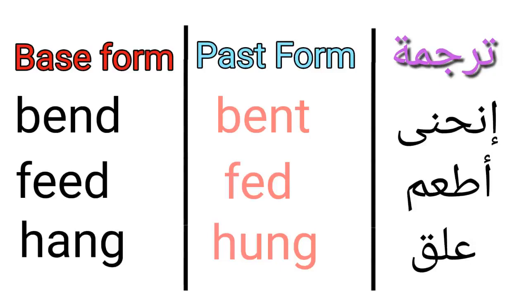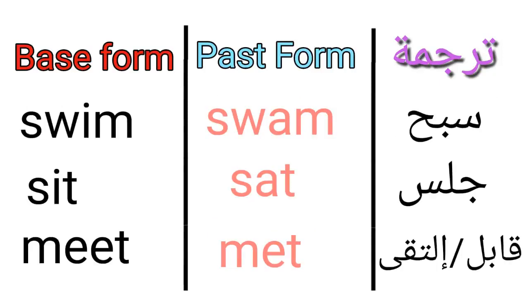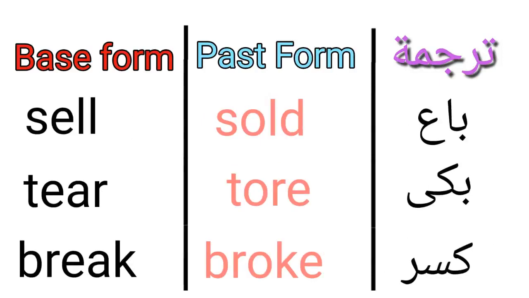Verb to swim, which means سبح, swam. Verb to sit, which means جلس, sat. Verb to meet, which means قابل أو التقى, met. Verb to sell, which means باع, past form sold.